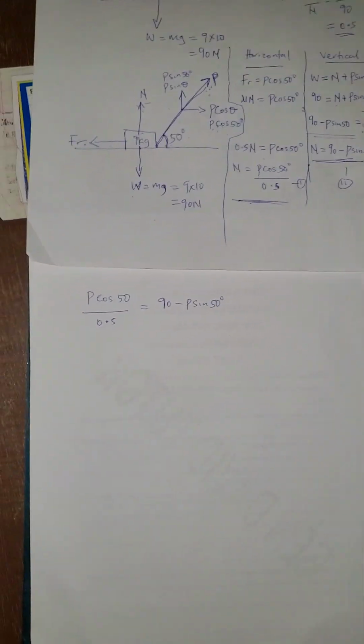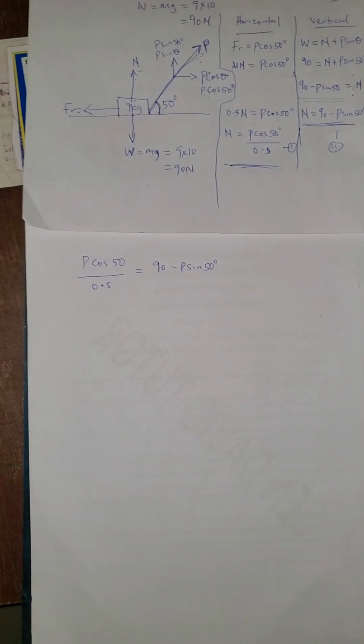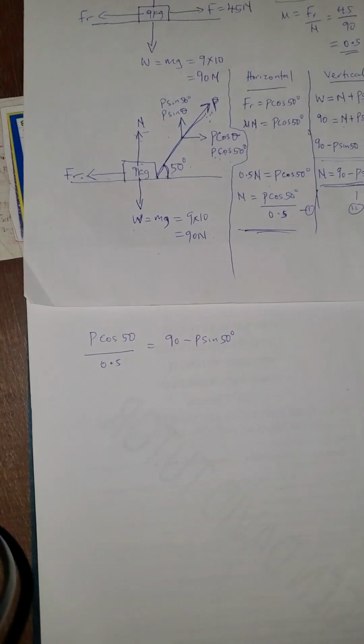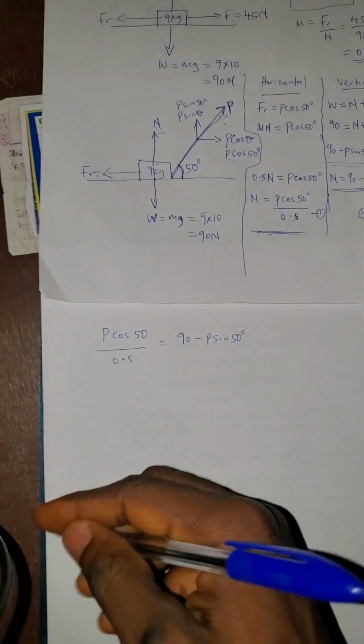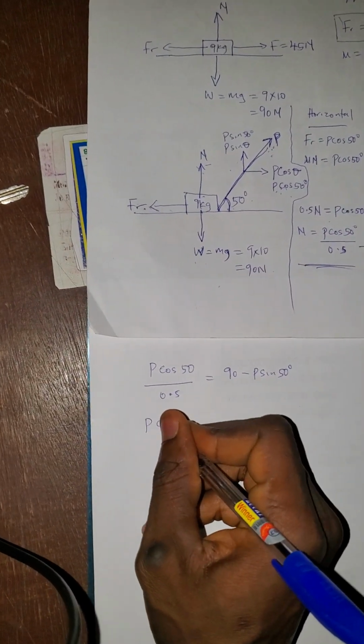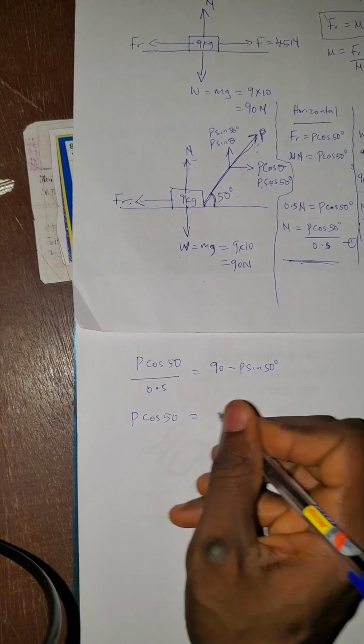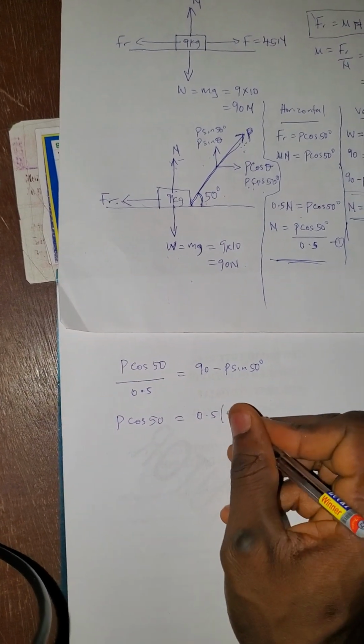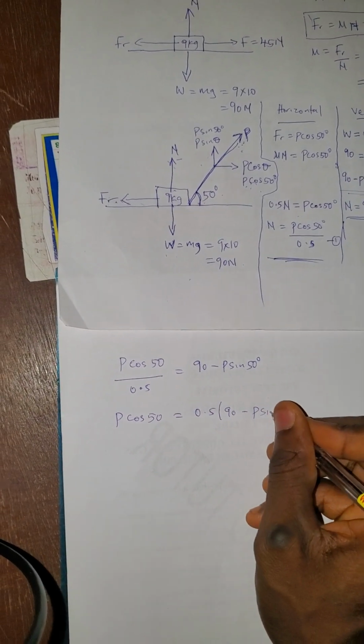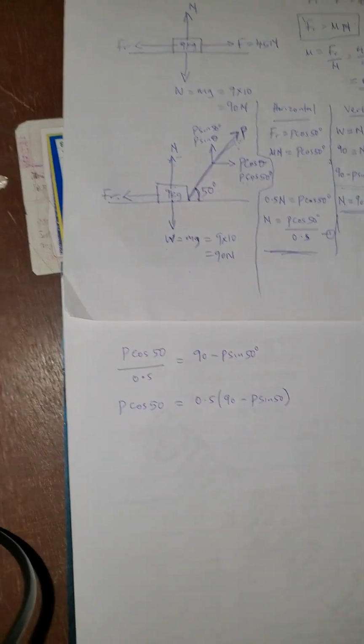Now the next thing is to find P, or make P the subject of the formula. Then what are we going to do? Let's cross multiply. We have P cos 50 equal to 0.5 into bracket 90 minus P sin 50.